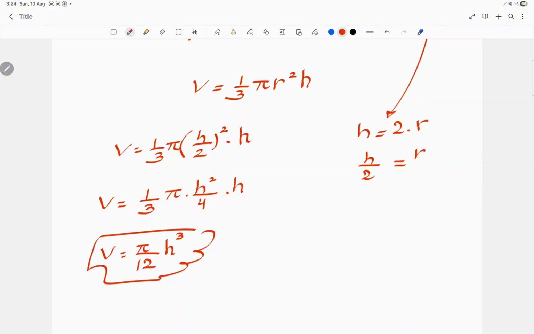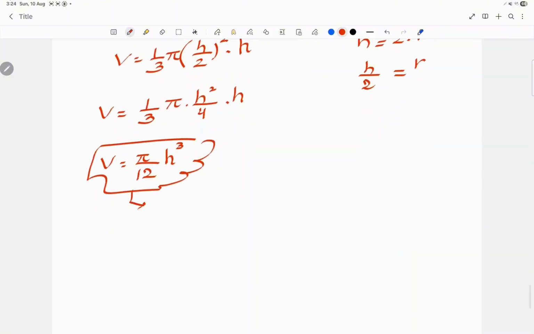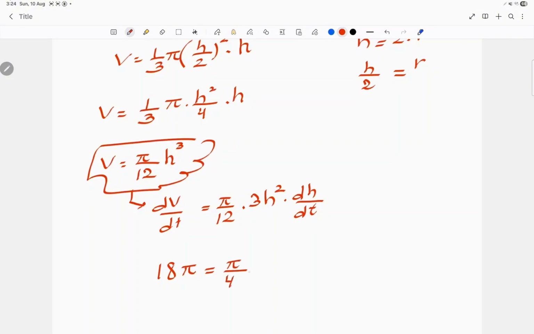Now we're going to differentiate. So we'll get dV over dt is equal to pi over 12 times 3h squared dH over dt. We already know that dV over dt is equal to 18 pi. And 3 divided by 12 is just a 4. H squared.